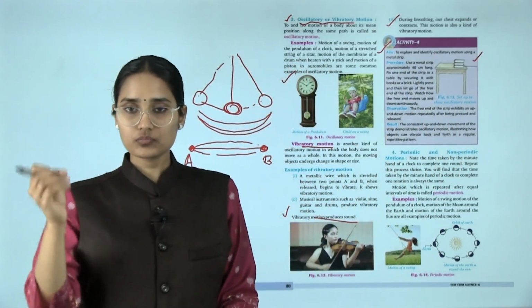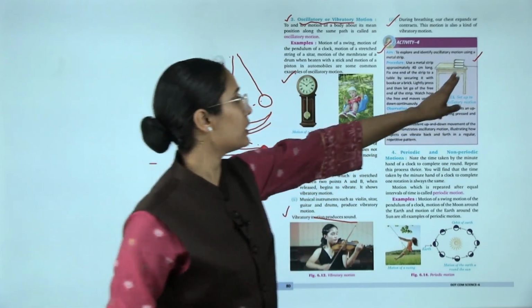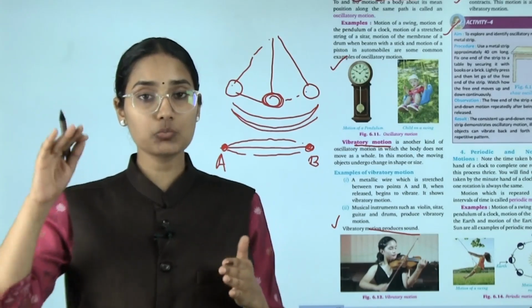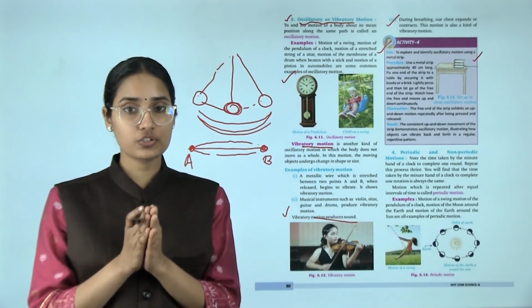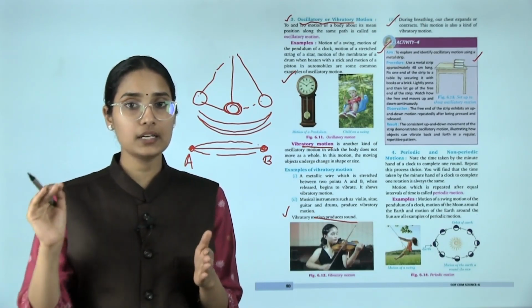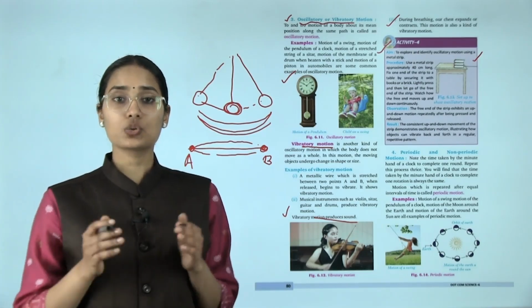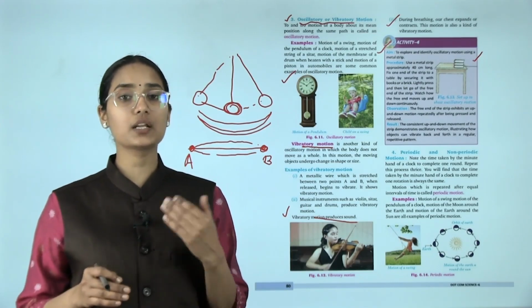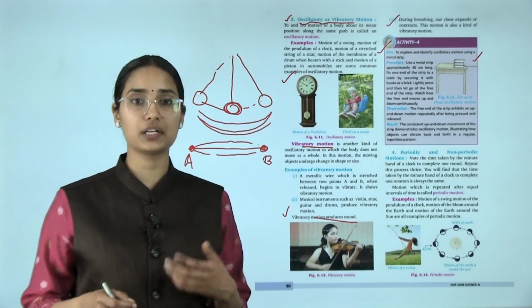Now lightly press the other free end and let it go. You will see that it is moving up and down. The free end of the strip exhibits an up and down motion repeatedly after being pressed and released. So this tells that the consistent up and down movement of the strip demonstrates oscillatory motion, illustrating how objects can vibrate back and forth in a regular repetitive pattern.